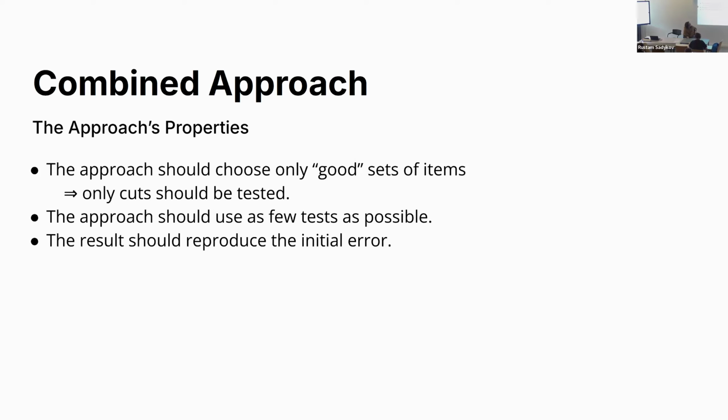We need to make as few tests as possible, because each test is a compilation, and compilation is quite a long operation. And the basic property is also that we should reproduce the initial error. So the difference from the usual delta debugging is just that we choose only cuts.